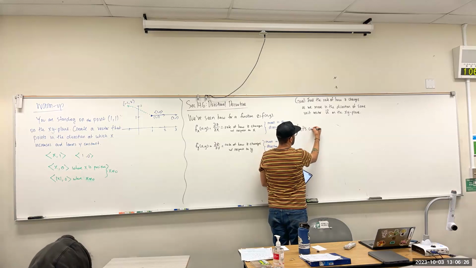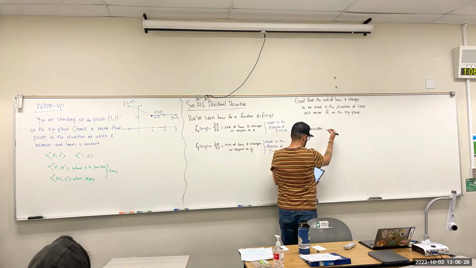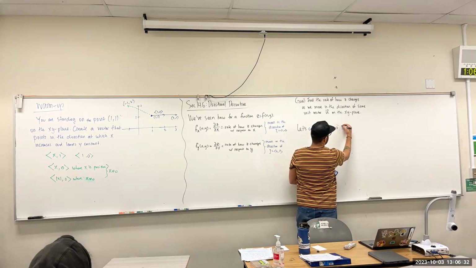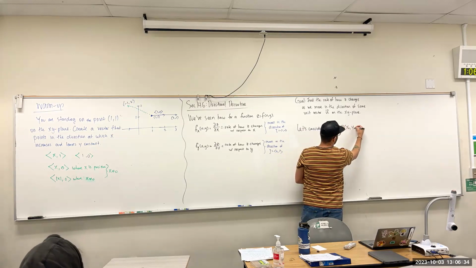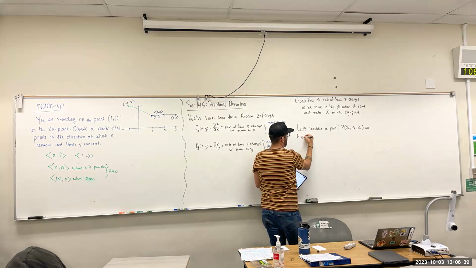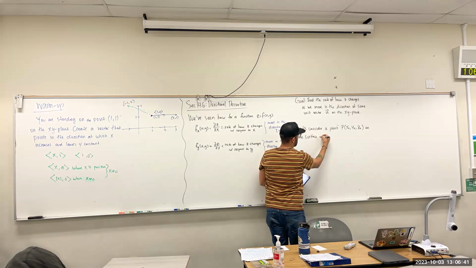So let's consider a point P which has coordinates x naught, y naught, and z naught on the surface of f.